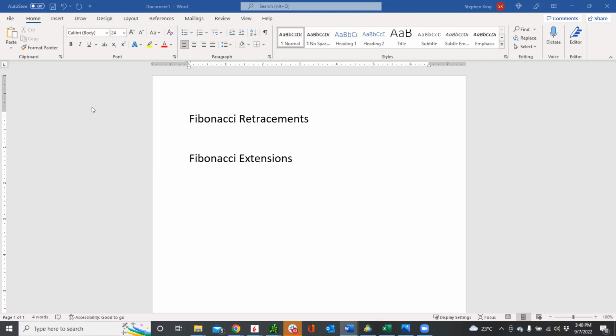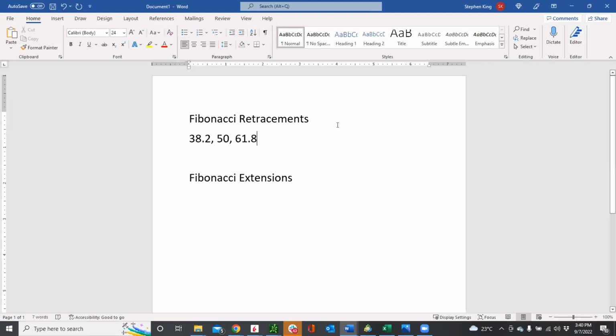And then the key levels that we're going to be looking at for the fib retracements are 38.2, 50, and these are percentages, and 61.8. Those are the main ones that we're going to be looking at: 38.2%, 50%, 61.8%.